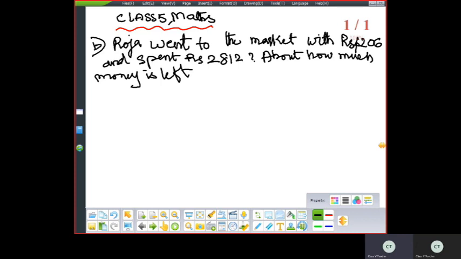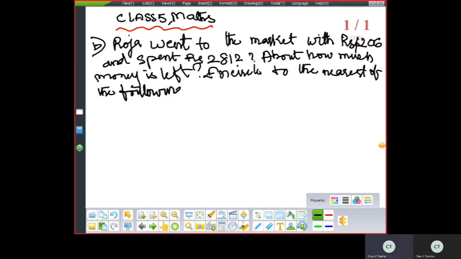Encircle the nearest of the following: rupees 2,000, rupees 3,000, rupees 1,000.